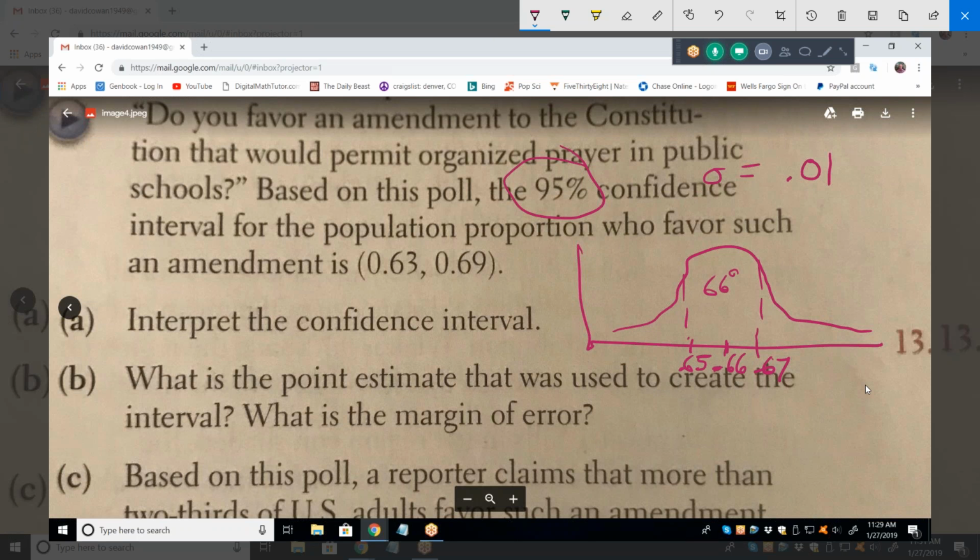66%. So if this range here were 65 to 67 instead of 63 to 69, that would give us a confidence level of only 66%. Well, they want 95%. We know that if you go out 2 sigma, you'll get 95%.